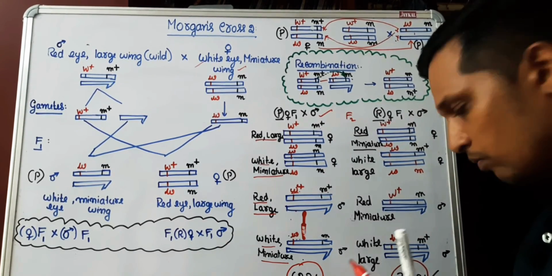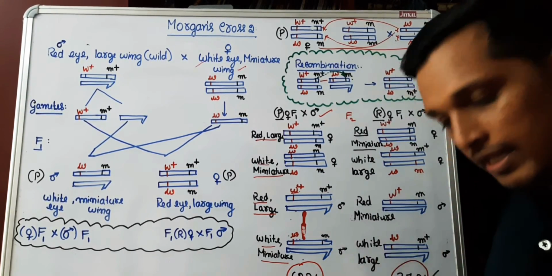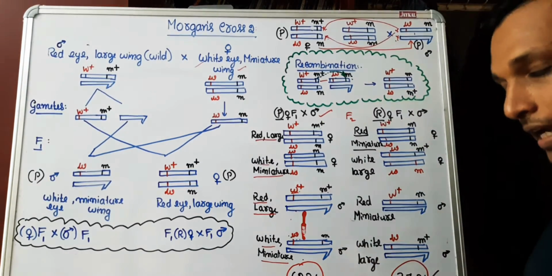Compared to cross 1, more recombinants are formed in the real cross which is conducted in the laboratory.